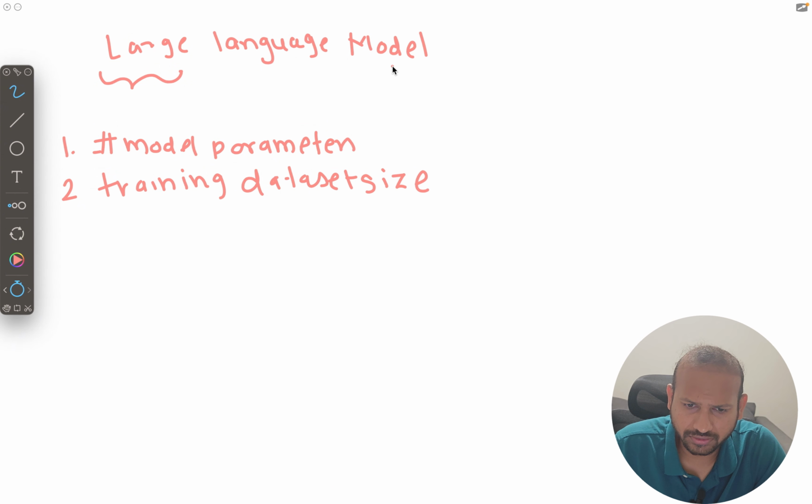And the third important thing is model. Now LLM is again a deep learning model, but we use a special model called transformers. So let's write it down.